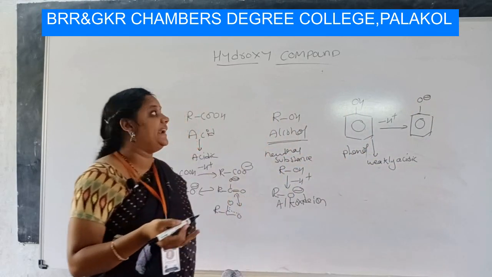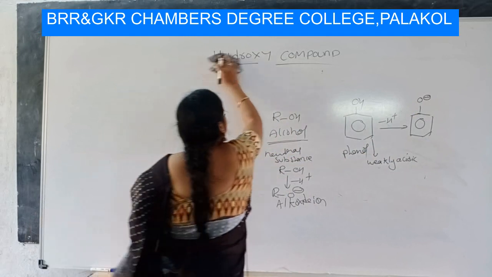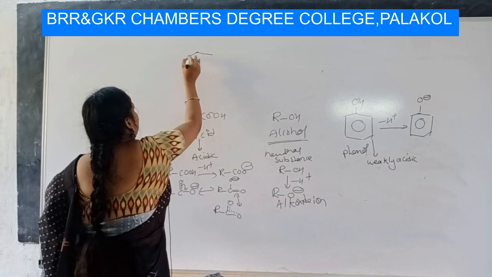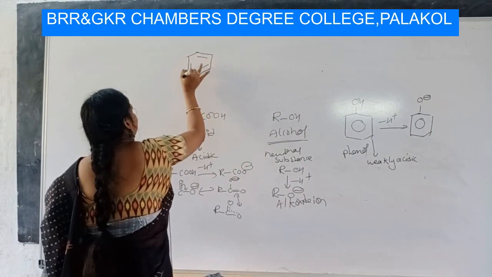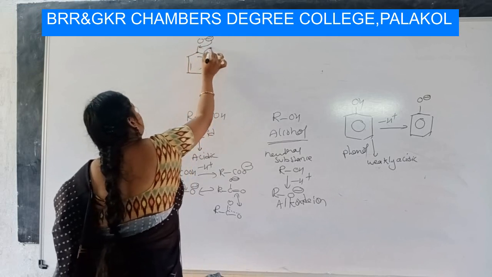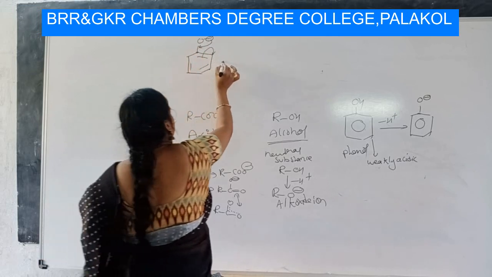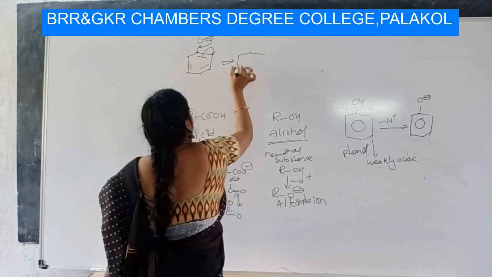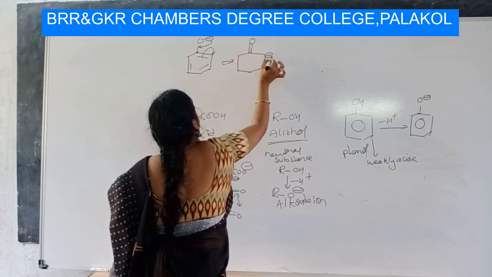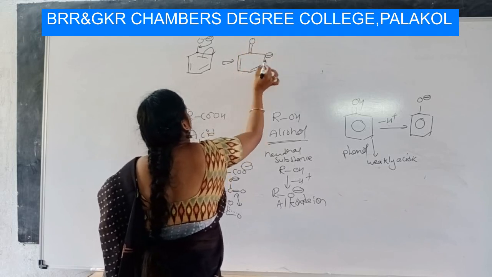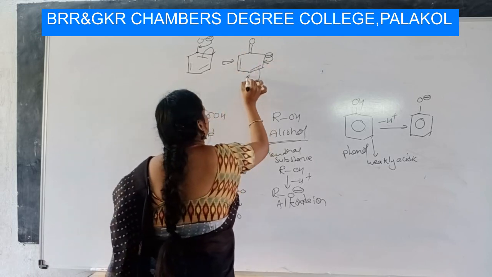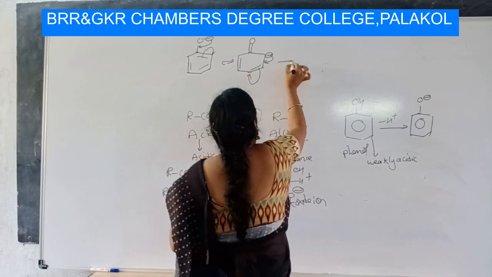But that phenoxide ion will have resonance stabilization structures like this. If you take phenoxide ion, O minus, the minus charge comes onto the ring and the bond shifts. Double bond O here, minus charge here, and a bond. Again these two electrons become a bond here and this bond shifts here.